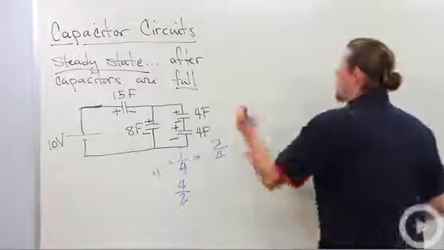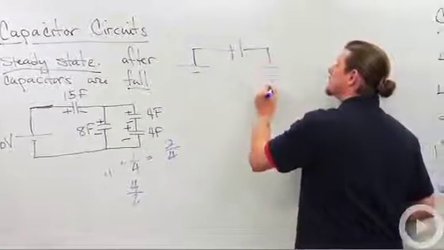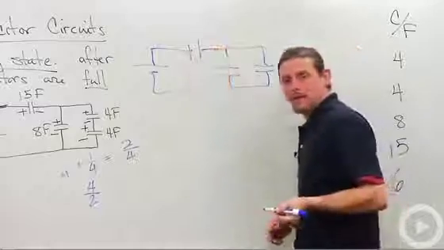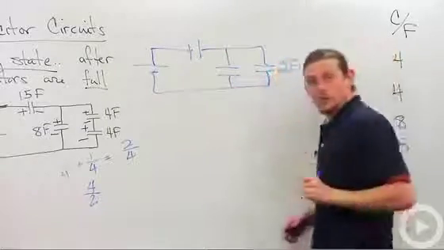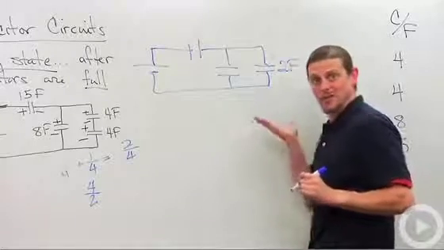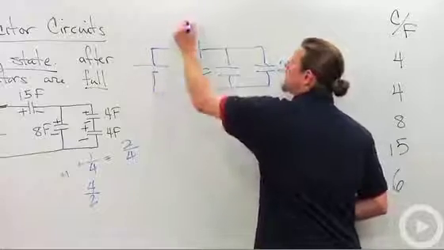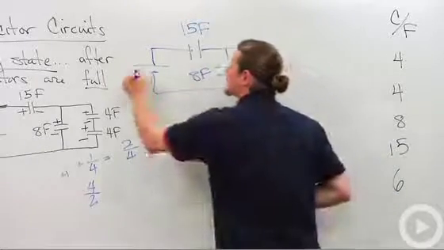All right, so we'll write up the circuit as follows. Just like that. This is the series combination of the two 4 farad capacitors, so it gives us 2 farads. Over here we got 8, here was 15, and over here our battery is 10 volts.